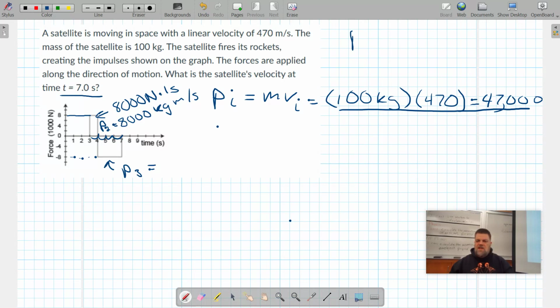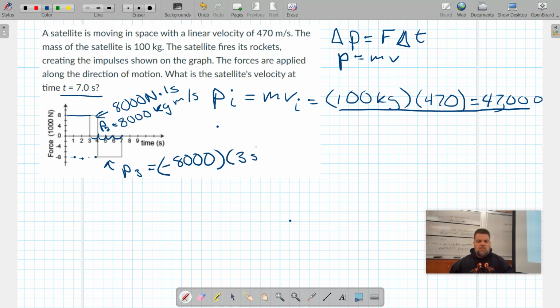Remember, momentum, or the change in momentum, can be the force times delta t, or momentum could be the mass times the velocity. So I've got negative 8,000 newtons times 3 seconds. So that's negative 24.